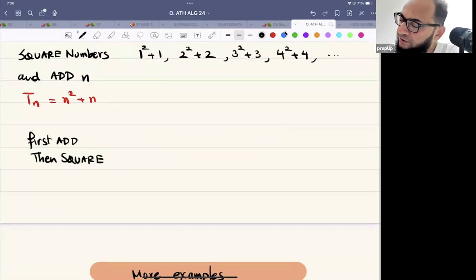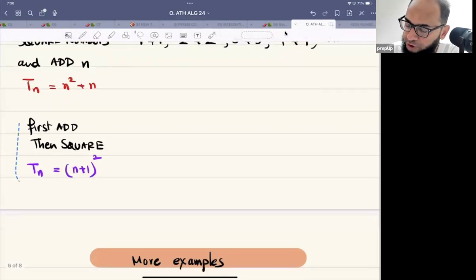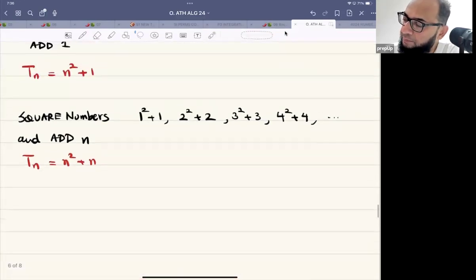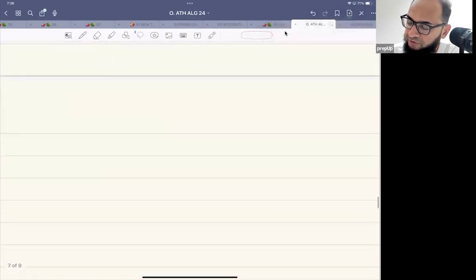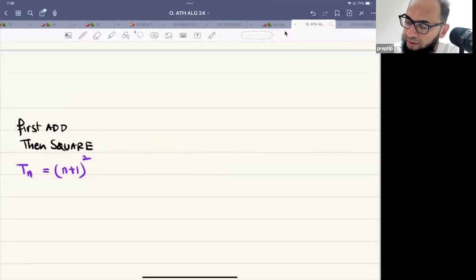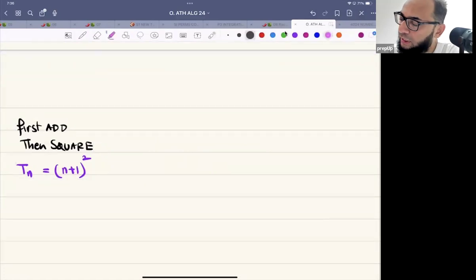That means I can write Tn as n plus 1 whole square. So let me just take this on the next page. So let me cut it. Let me add over here before we go to the cube numbers. So let me write over here and let me put some more color over here.